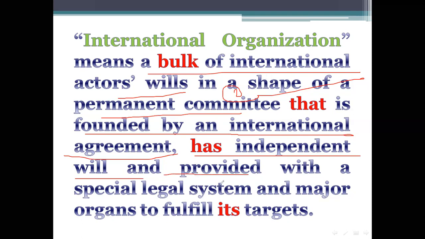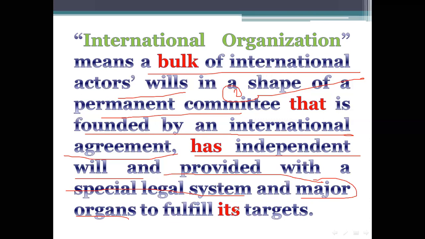Also, it's provided with a special legal system, I gave you many examples for this, and it consists of major organs, and we will also find minor organs. However, the major organs are the most important ones.